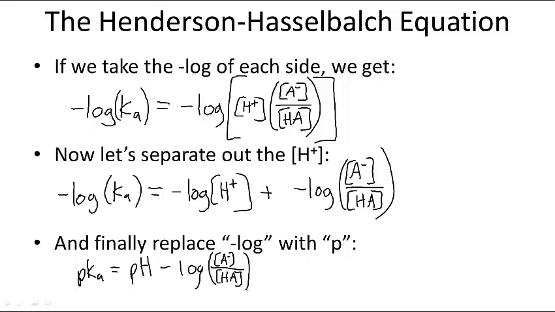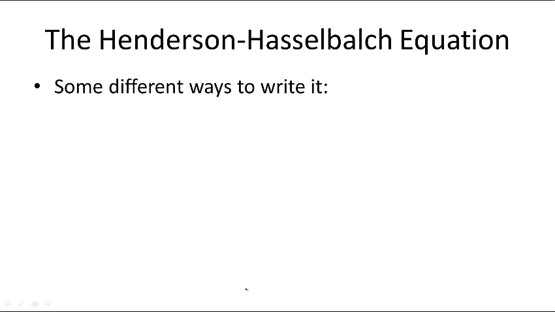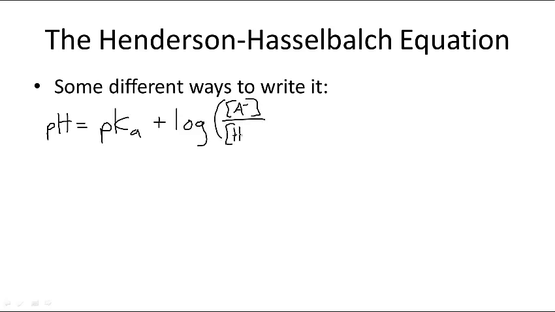So if you take out your formula sheets and you look in the equilibrium section, you'll see this equation just written slightly differently. As pH equals pKa plus the log of concentration of A minus over concentration of HA.